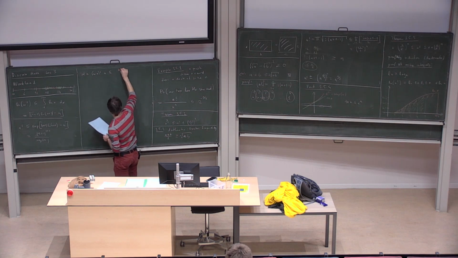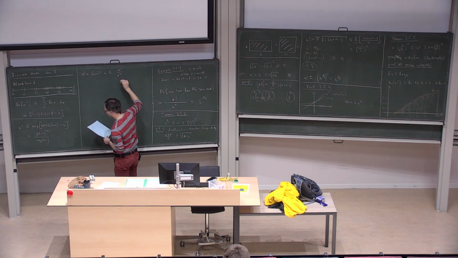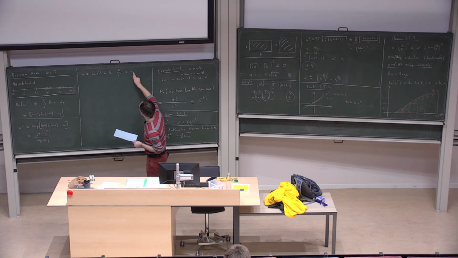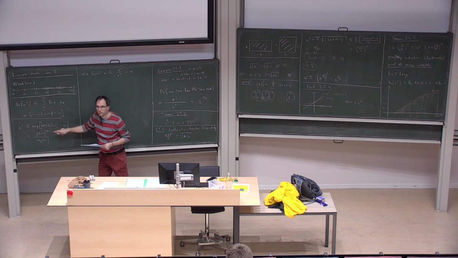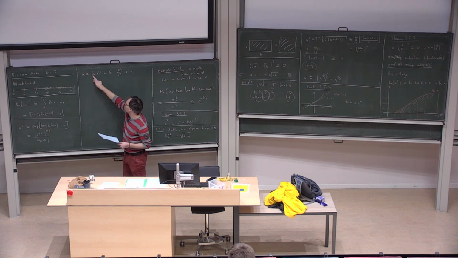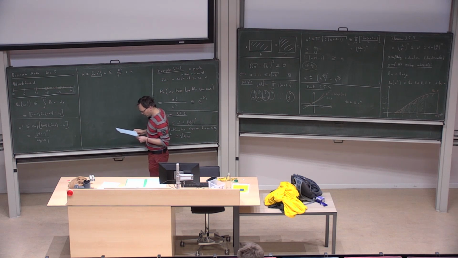And then we get what we wanted. So this n comes from here. The e comes because here it's n minus 1. And the n plus 1 to the n plus 1 becomes n to the n, because we used our statement for this part. And that's the upper bound.